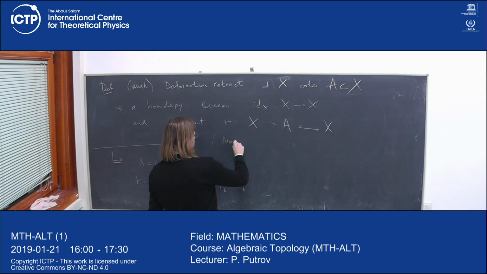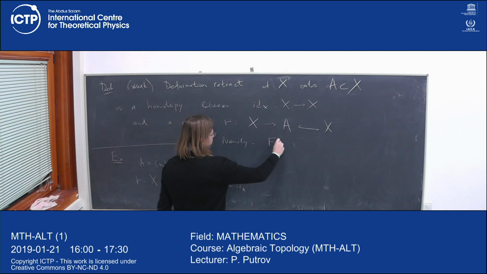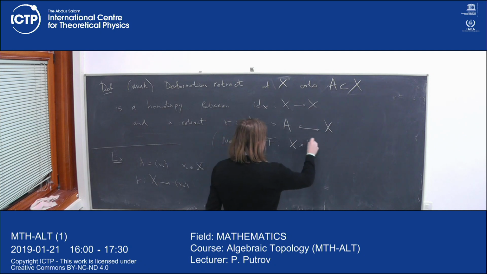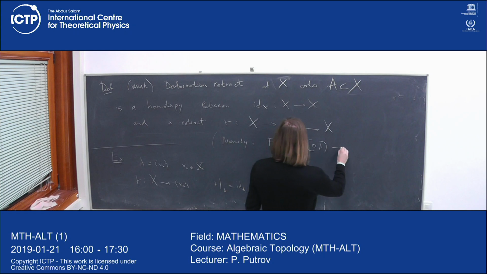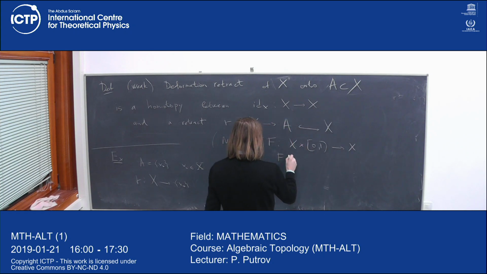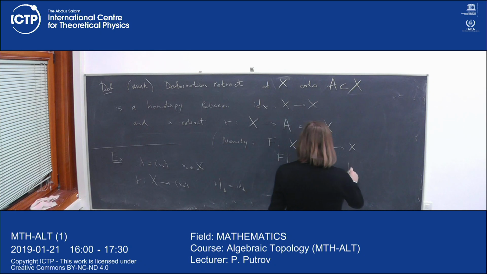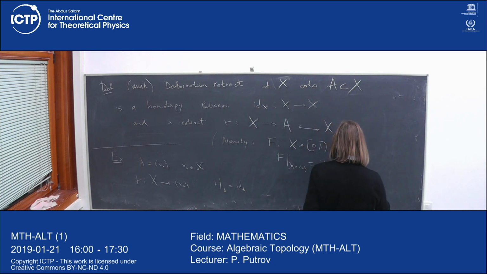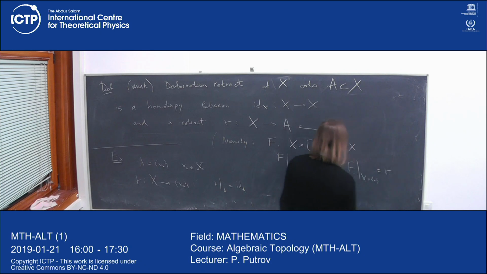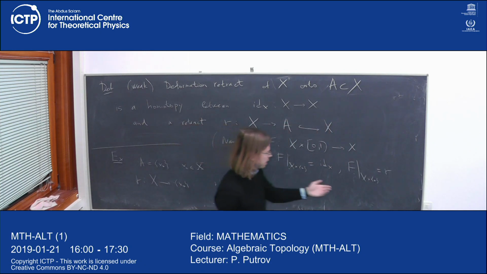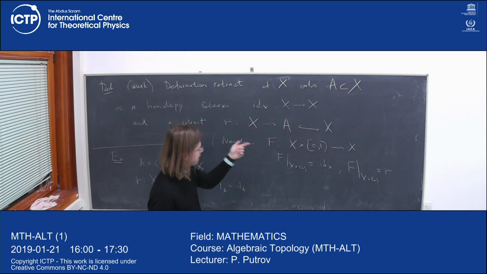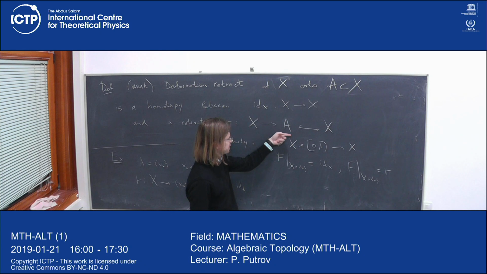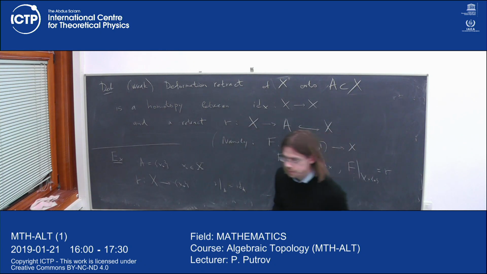Namely, we want a function from X times the interval to X, by the definition of homotopy, so that F restricted to X times 0 is the identity on X and F restricted to X times 1 is R. But again, R can be understood as a map from X to X, so that its image is contained in the subspace.